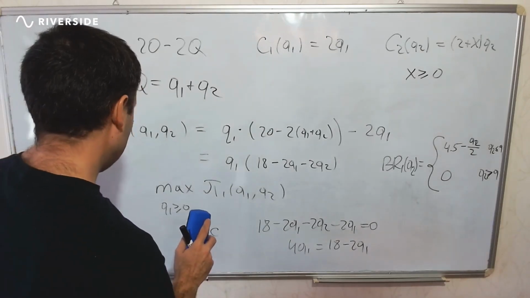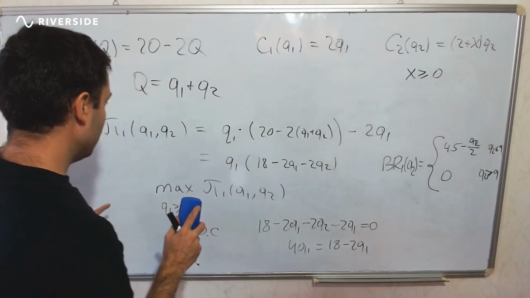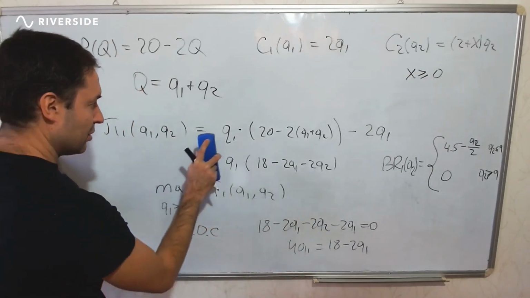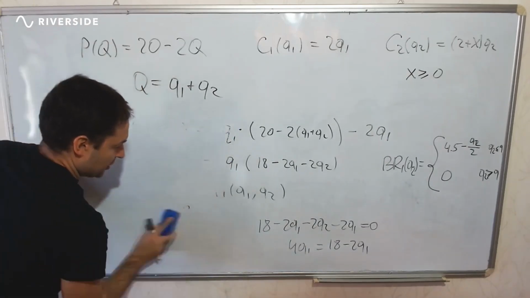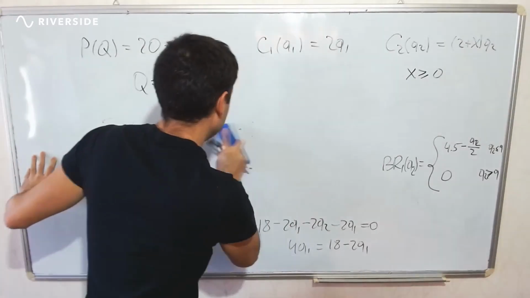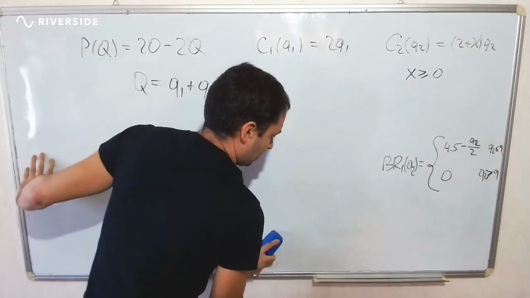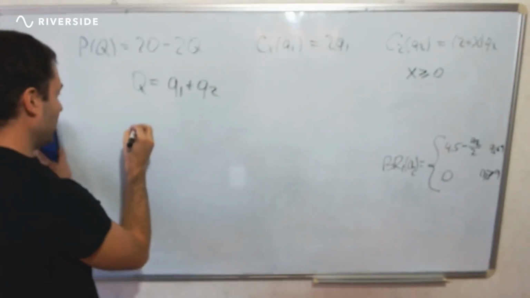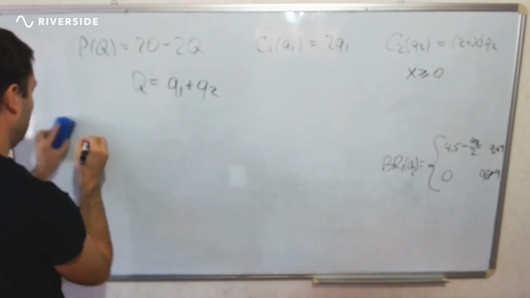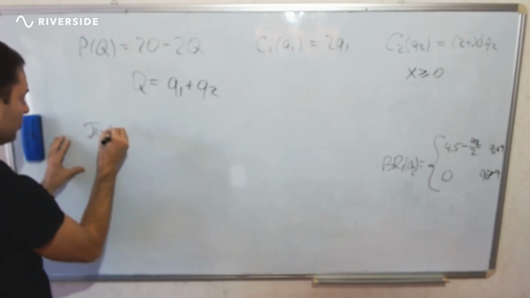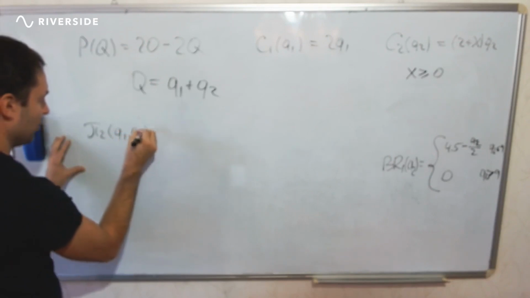Now let's quickly do the best response for firm 2. It will look slightly different, but I'll just do it much quicker. So our profit 2 again will depend on Q1 and Q2.